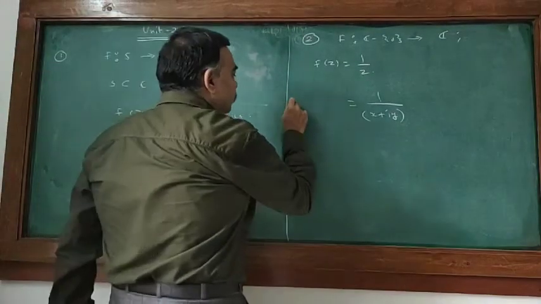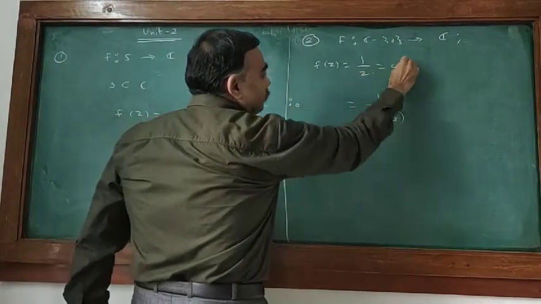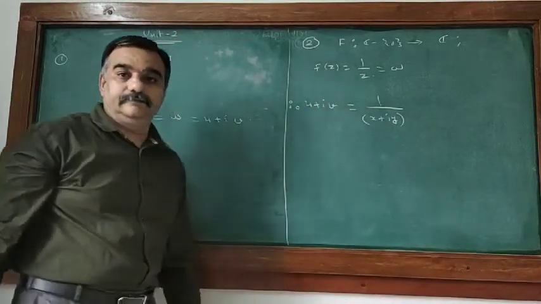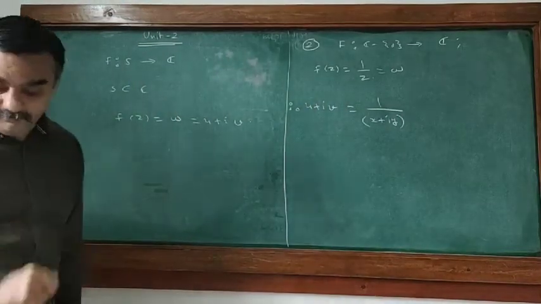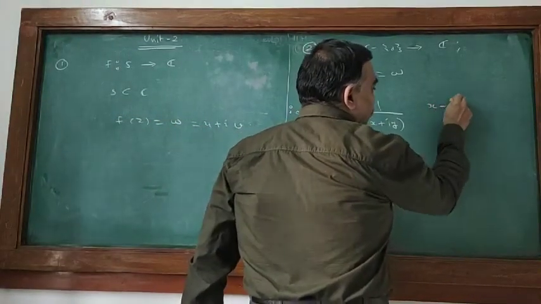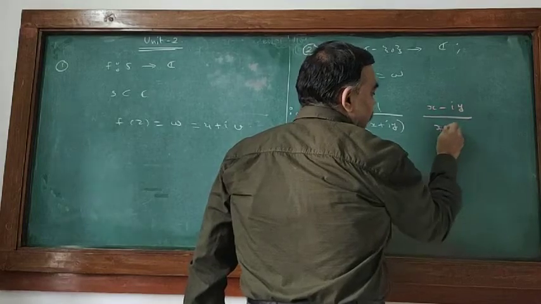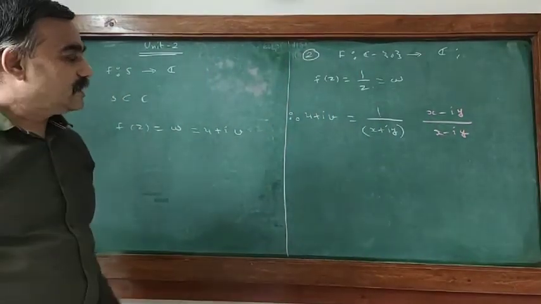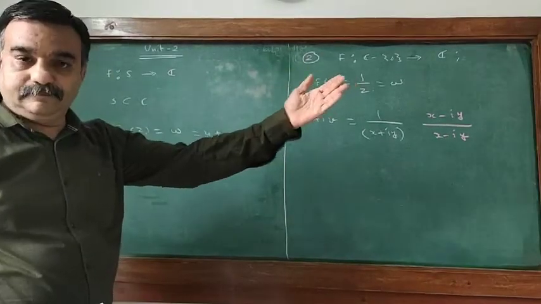So this is omega for us, and therefore this is the value of u plus iv. Now I multiply and divide by x minus iy. So what will it be?